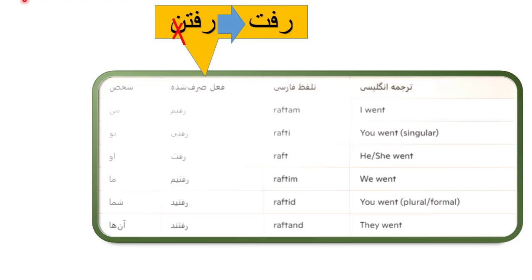All of them, یم، ید، ند, indicate the subjects. رفت plus م, رفت plus ی, رفت. In the third person singular we don't need any شناسه or ending part. رفتیم، رفتید، رفتند. We use this شناسه or ending part to indicate the subject.